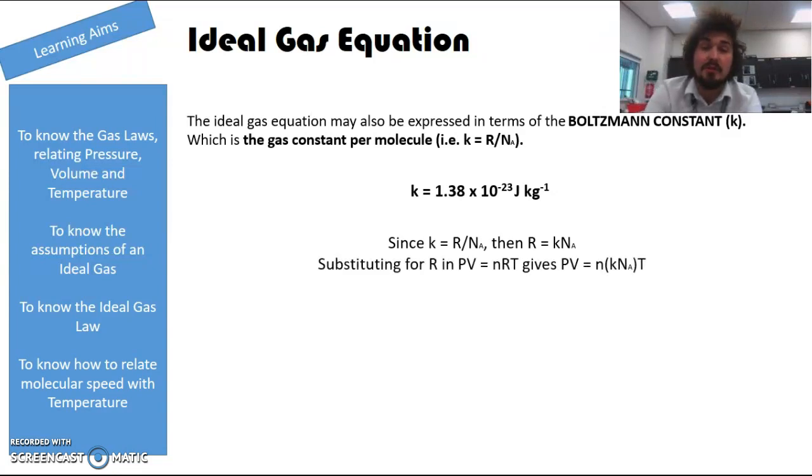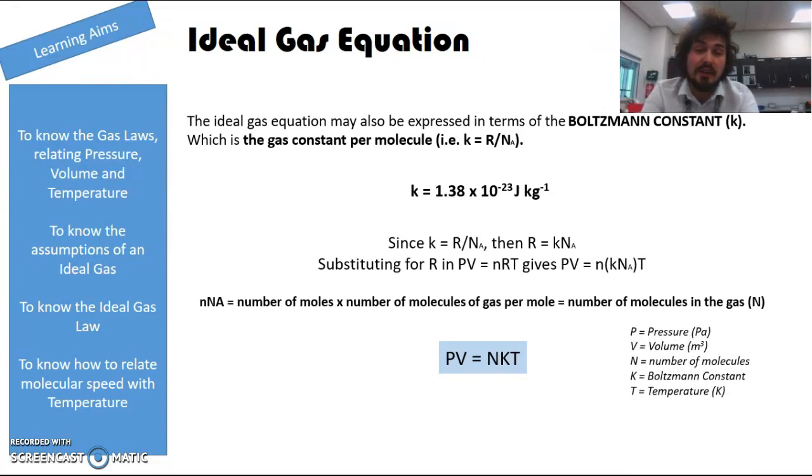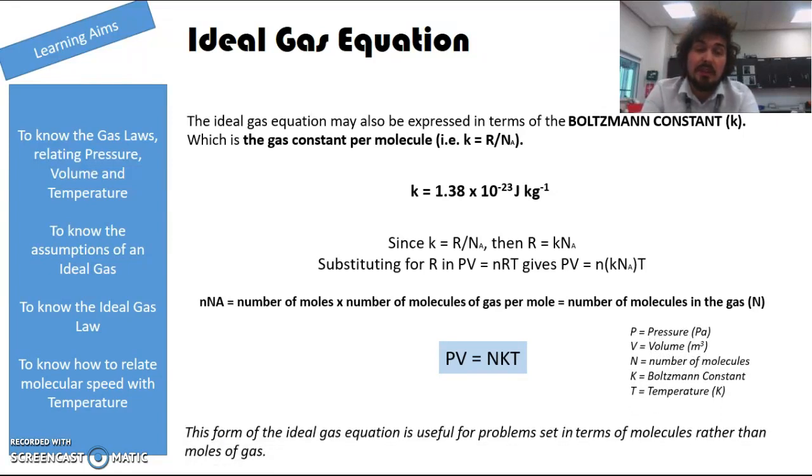We can put that into PV equals nRT to get PV equals n k Na T. And since Na times the number of moles equals the number of molecules in the gas, N, we can say that PV equals NkT, which is another way of putting it, particularly useful if you've got things in terms of number of molecules rather than in terms of number of moles.